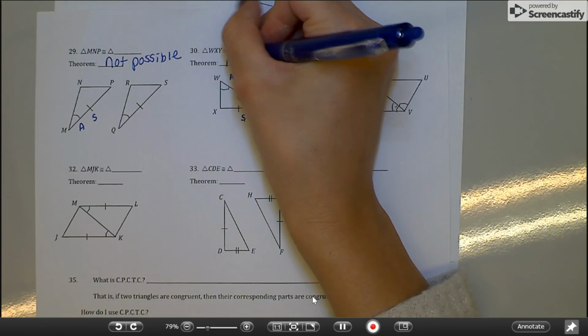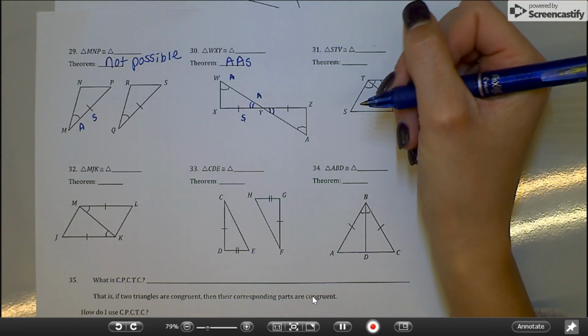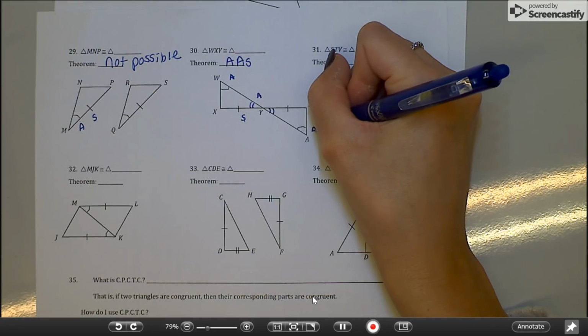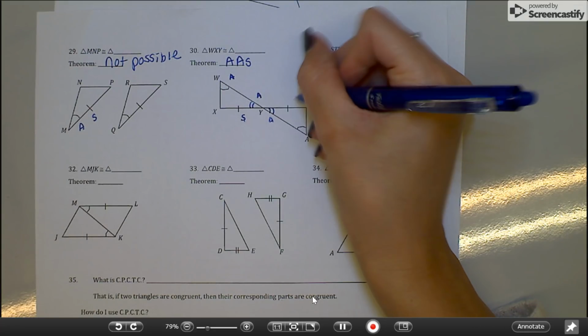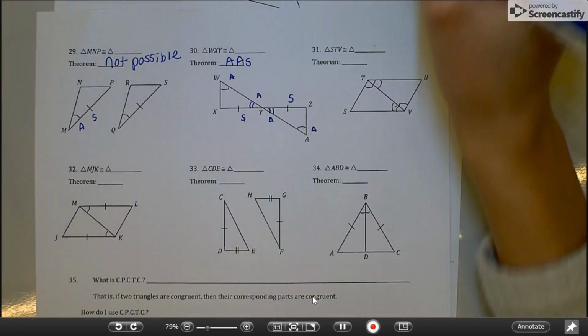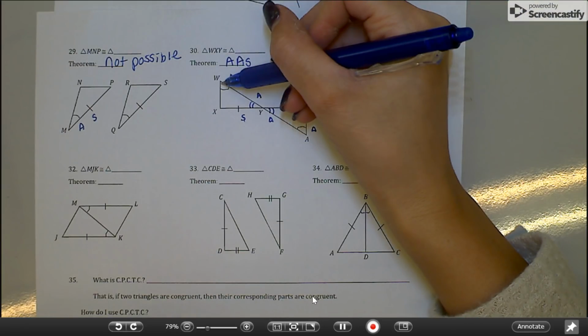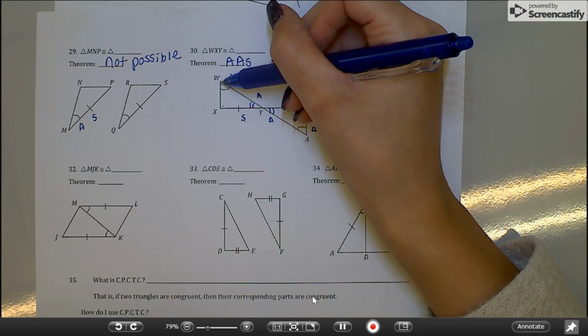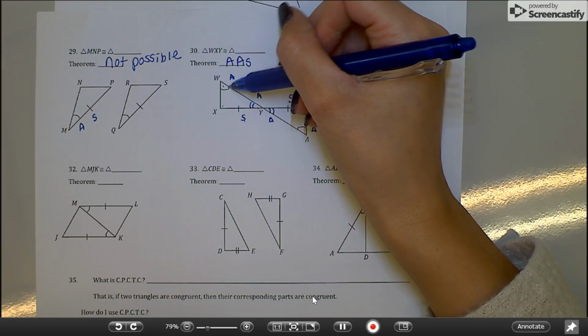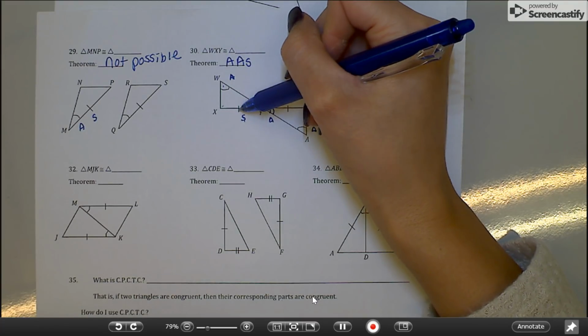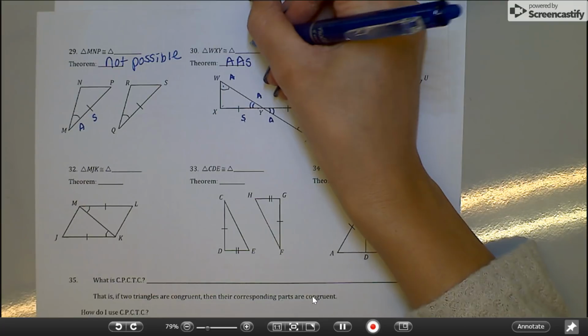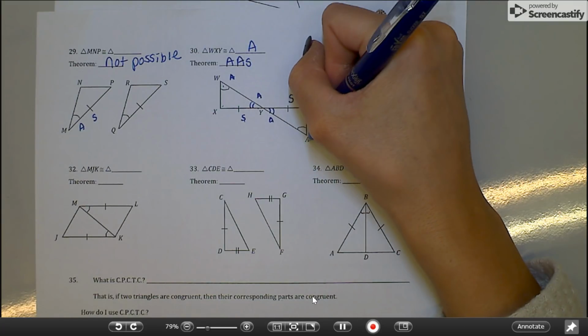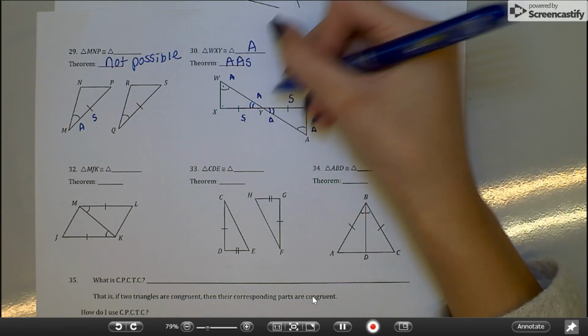So we know that we will be using AAS for this one. Okay, again, AAS. And then in the proper order, WXY. So I go from the single swoop to the side. This one would be the single swoop from A to Z to Y.